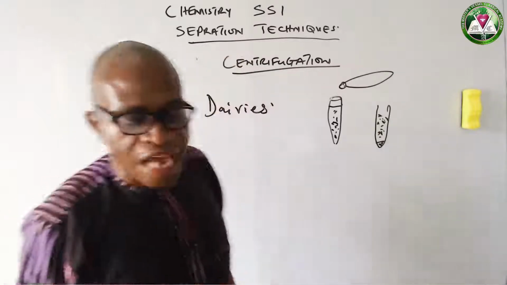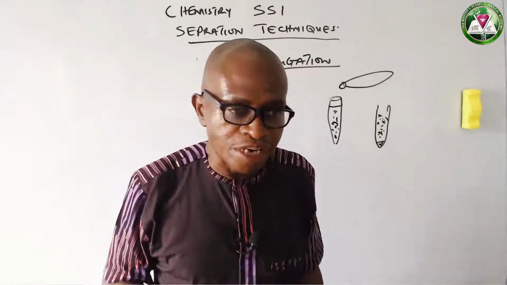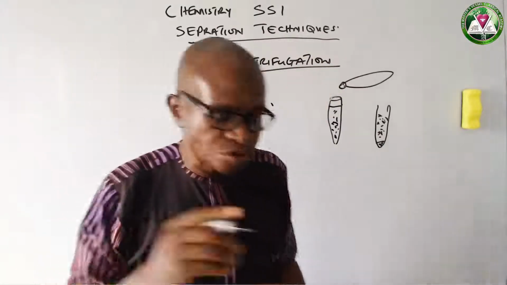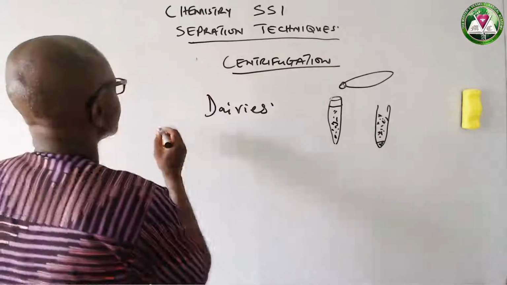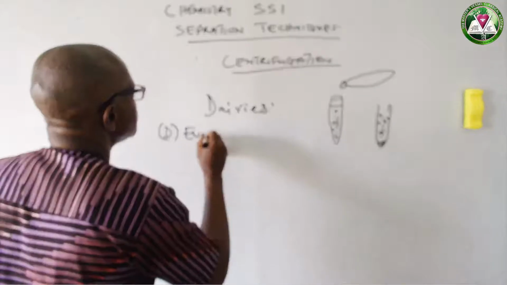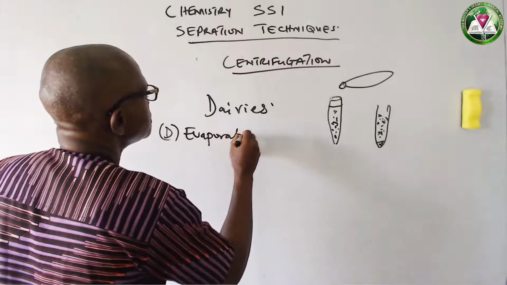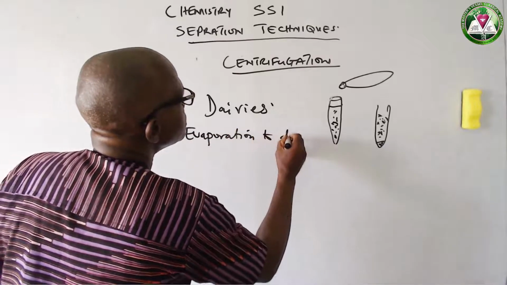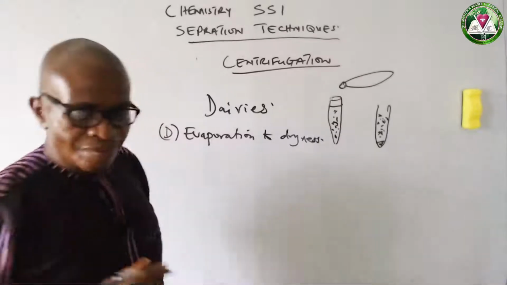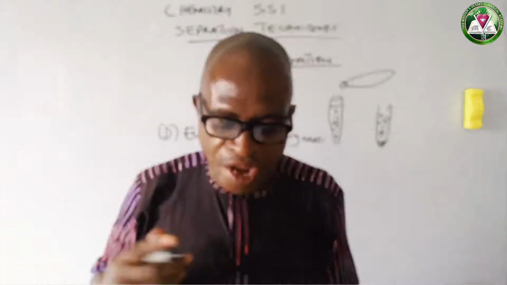Then we have the next one, number 4, evaporation to dryness.